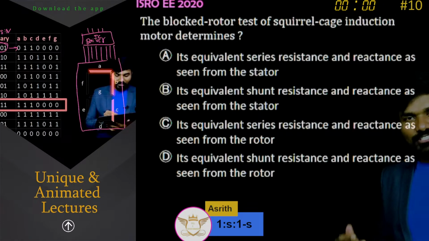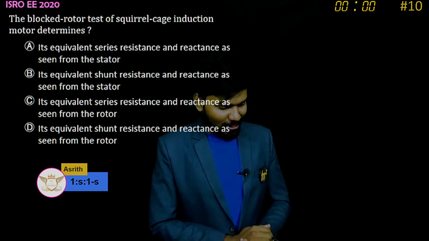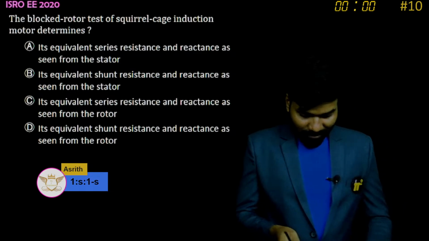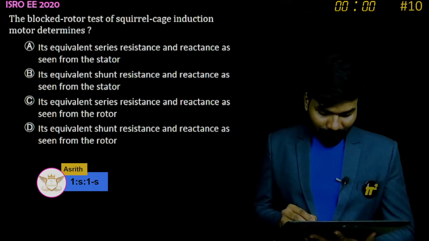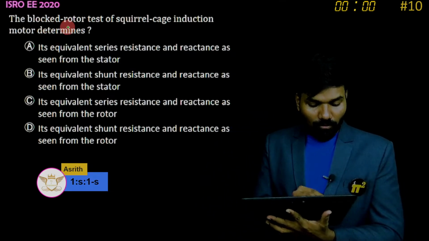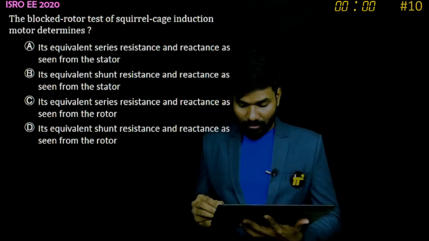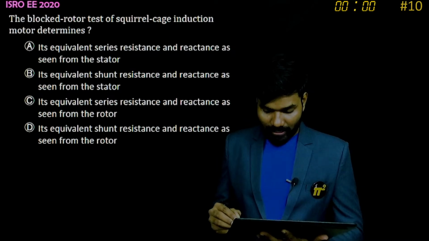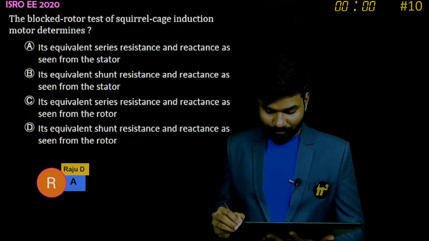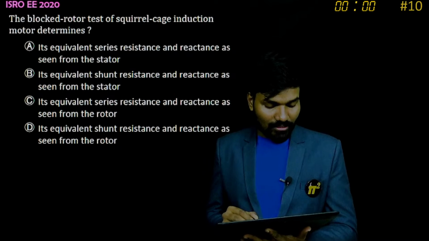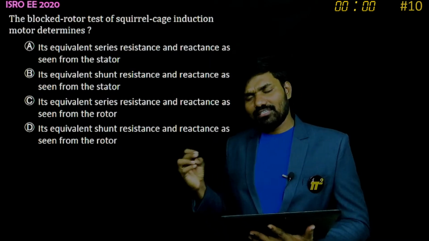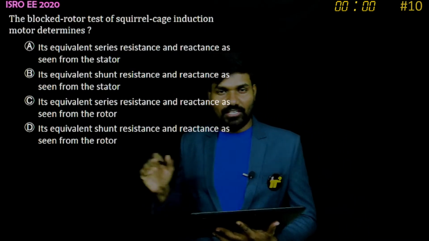See, these are theoretical questions which you can easily answer. The blocked rotor test. Blocked rotor test of a squirrel cage induction motor is just like a short circuit test of a transformer.